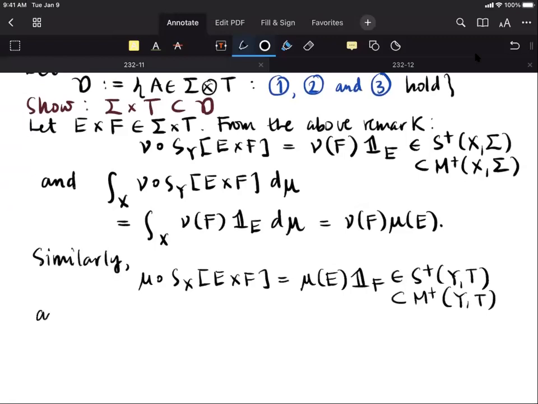And you can calculate the Lebesgue integral, which equals mu of E times nu of F, integrating now in y.